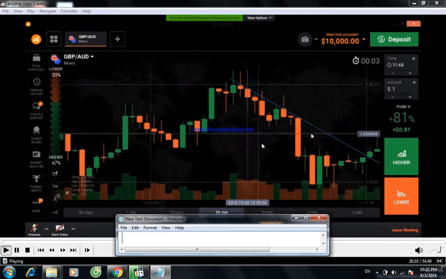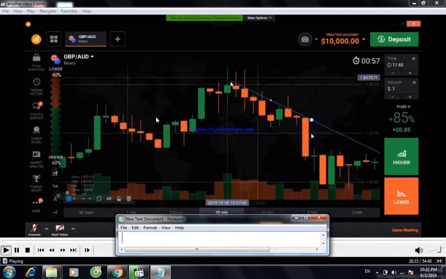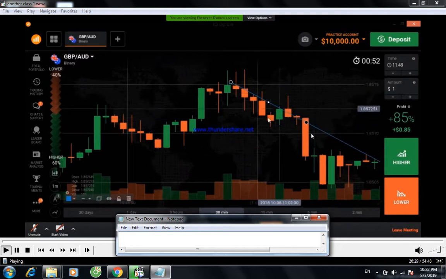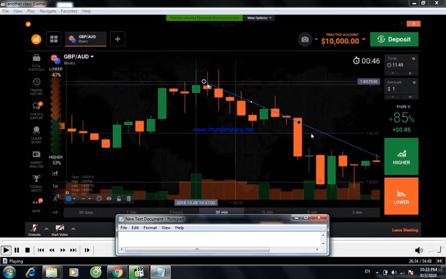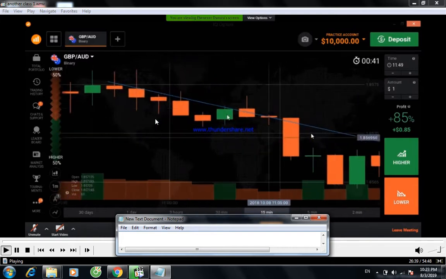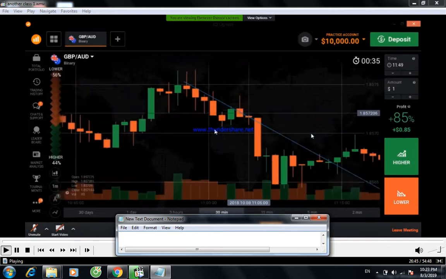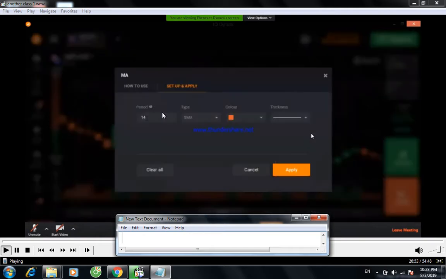If you draw the closing patterns like this, what will you think at this point? The market will reverse, because when the market comes to this trend line, it is reversing. Again the market closed below the trend line, so you can trade here with a put option without any confirmation, because you know it will reverse from this level as the market is moving in that range.